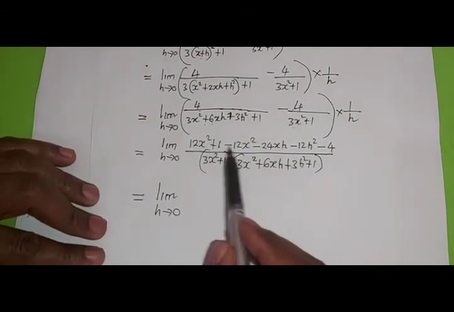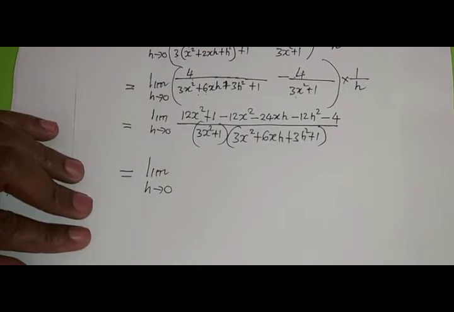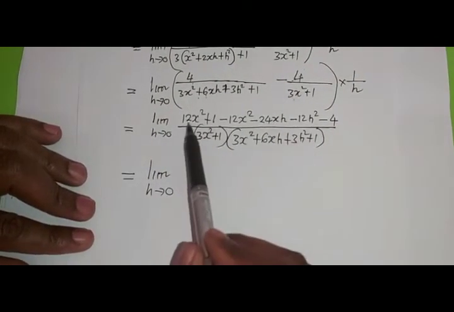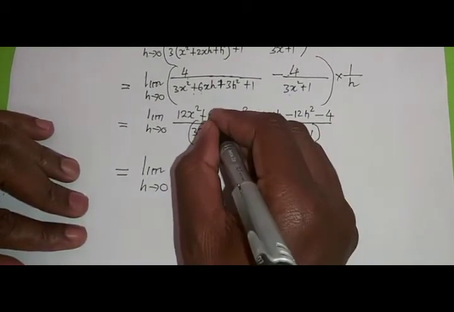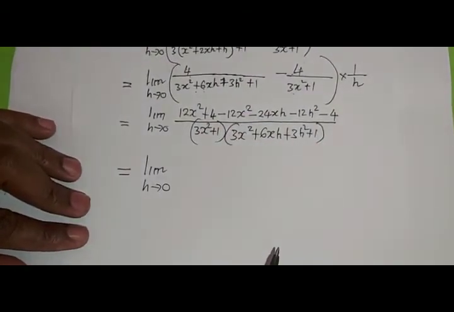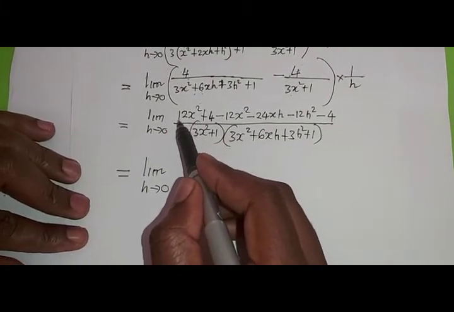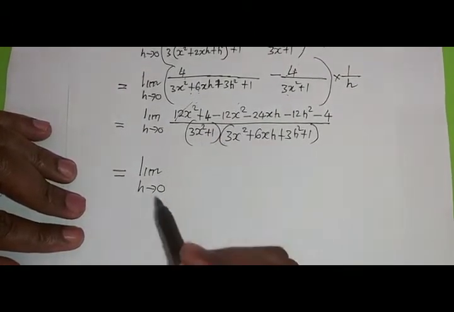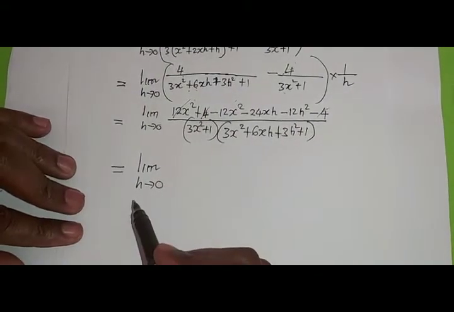now here I subtract like terms. 4 times 3x squared, we get 12x squared. 4 times 1, here it must be a 4. Now here 12x squared cancels with minus 12x squared, plus 4 cancels with minus 4.